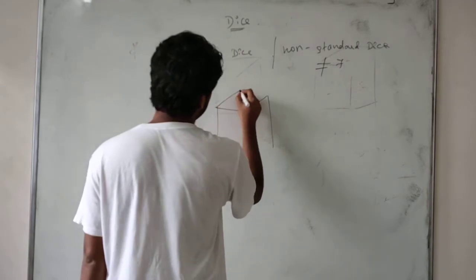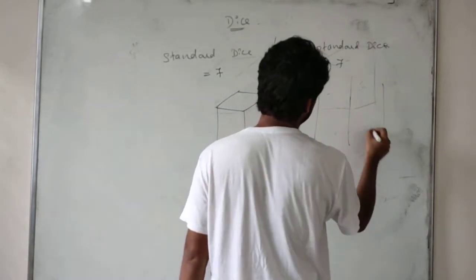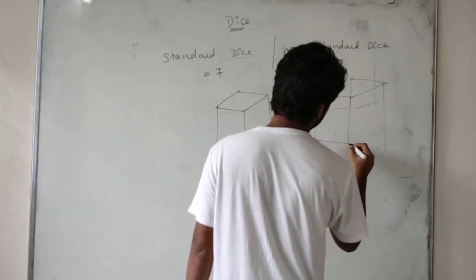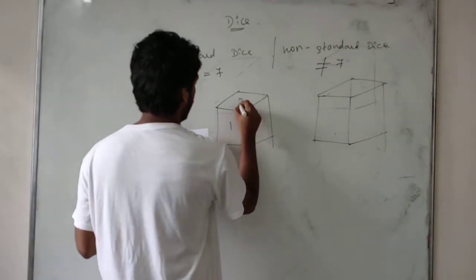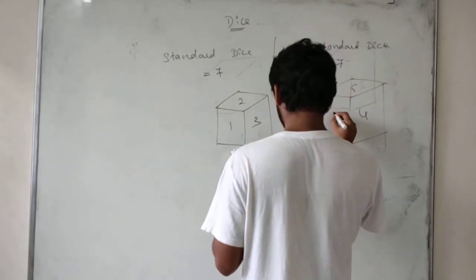So this is the dash. I will be naming the numbers 1, 2, 3, 4, 5, 6.